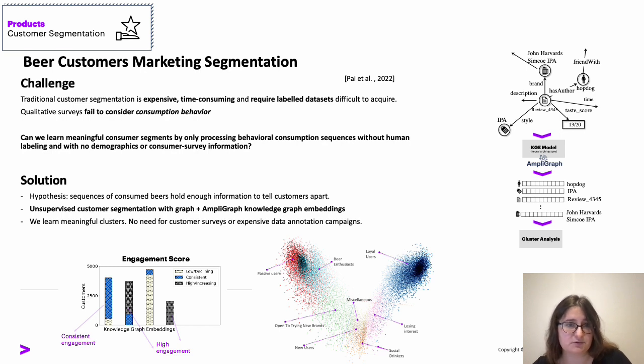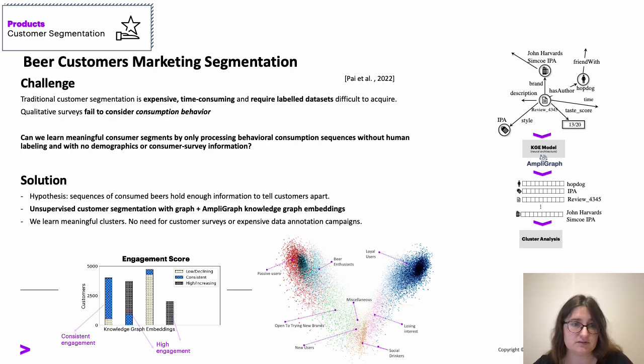A hypothesis that we posed was that sequences of consumed beers hold enough information to tell customers apart. As a solution, we provided unsupervised customer segmentation with graph and knowledge graph embedding.